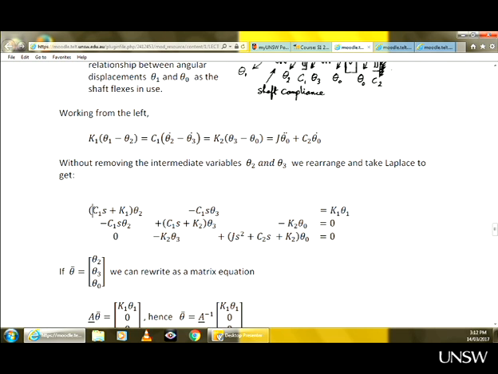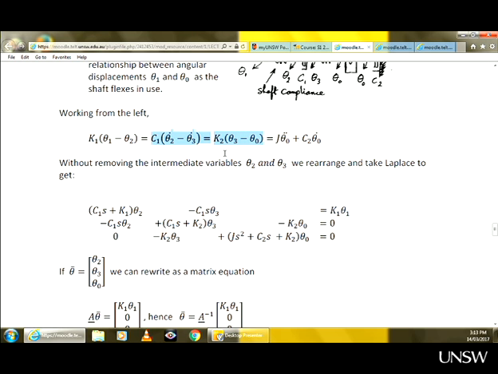So we'll have C1 s times theta 2. But in this first equation, I still have this expression here, minus C1 theta 3 dot, and that's why I have s. In this equation, there is no theta O, so I have nothing here.